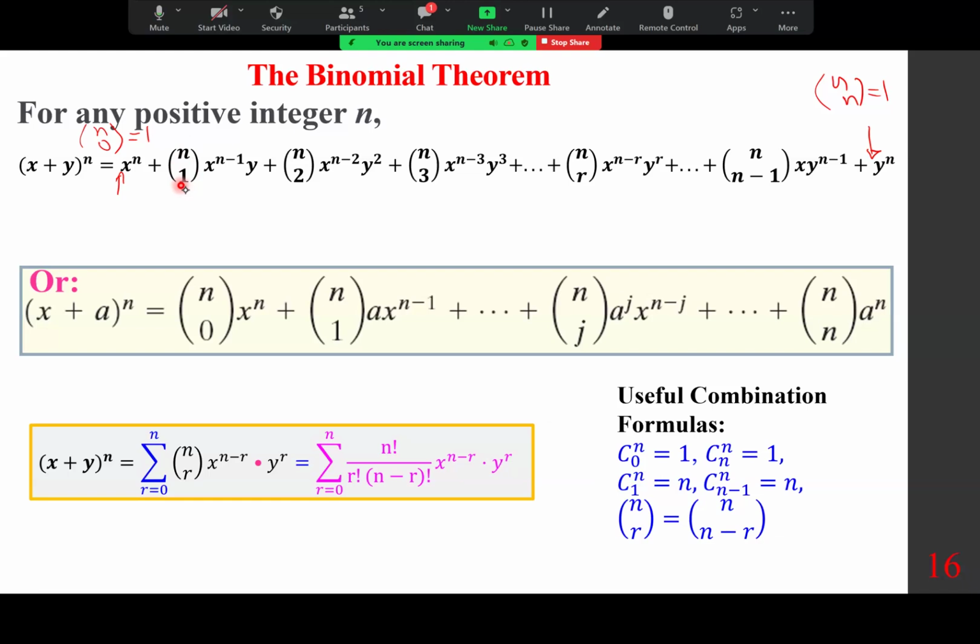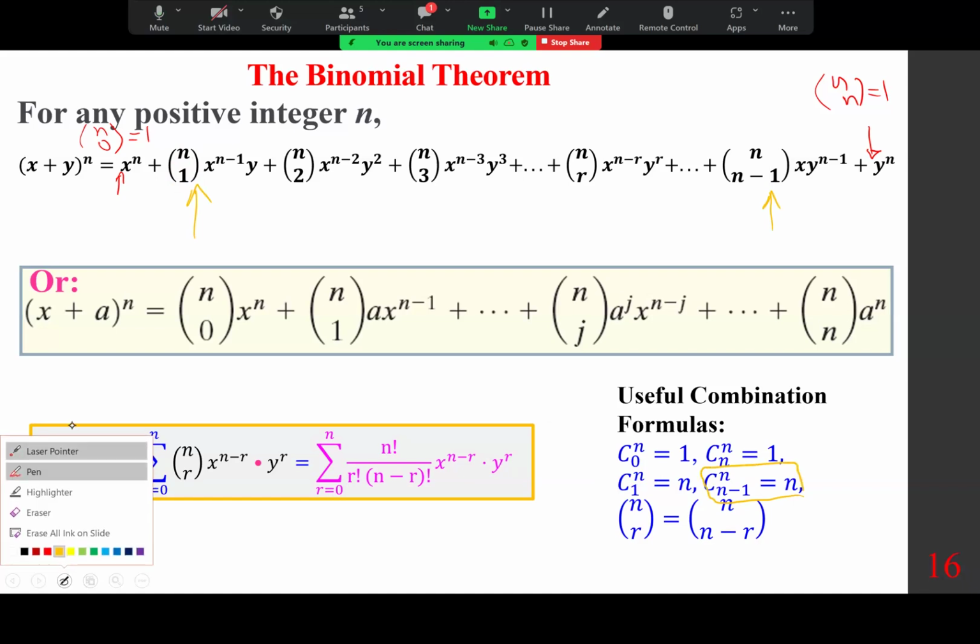And you can expand it, you see that. And what happens is that this, which is 1 to the right of x to the power of n, is the same as this, which is 1 to the left of y to the power of n. And that's this one. Meaning, we are really looking at this.